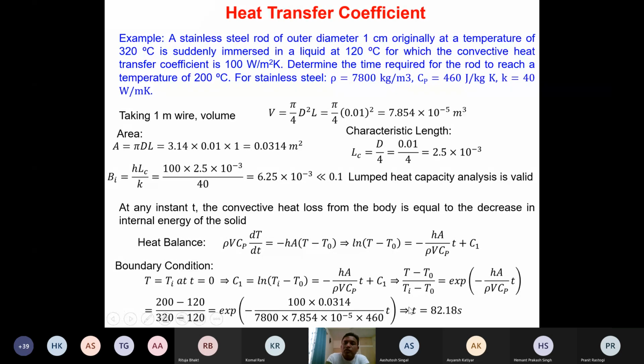Now in this case, unlike the previous case where the heat transfer was taking place either from the radial direction or from the axial direction, isn't it? Now in this case, what is happening is that the entire solid is surrounded by the liquid, immersed in the liquid. So heat transfer is taking place from both the axial as well as the radial direction.